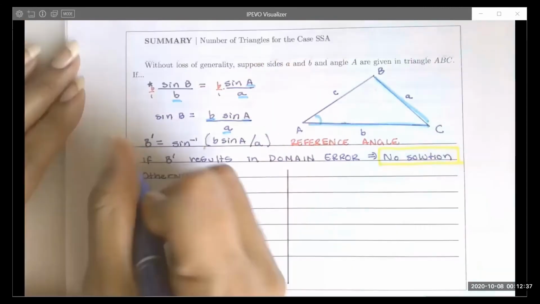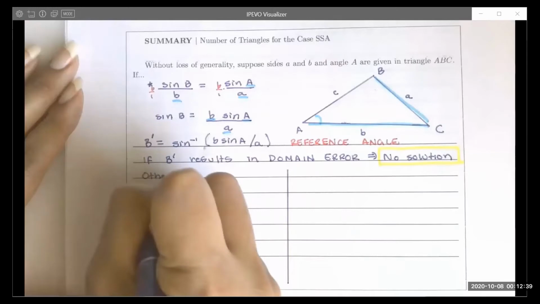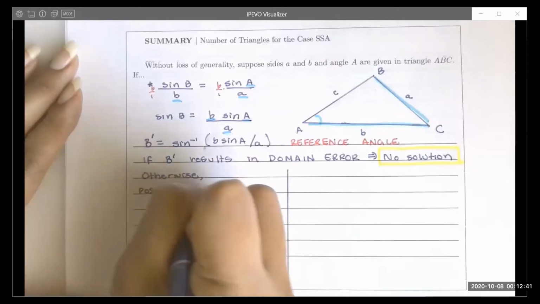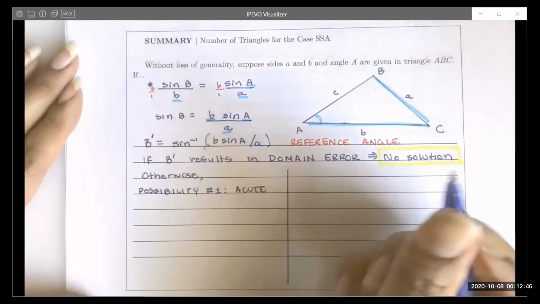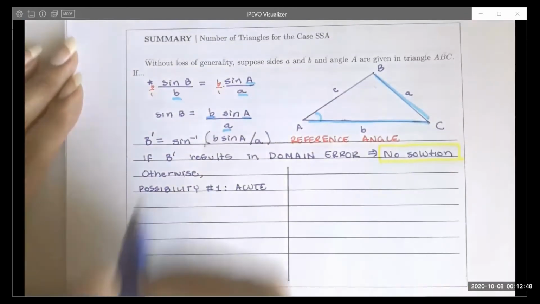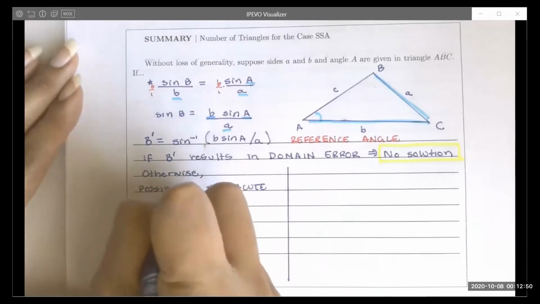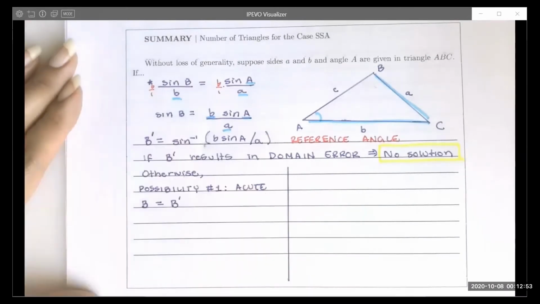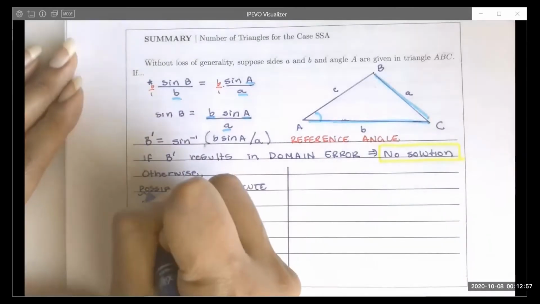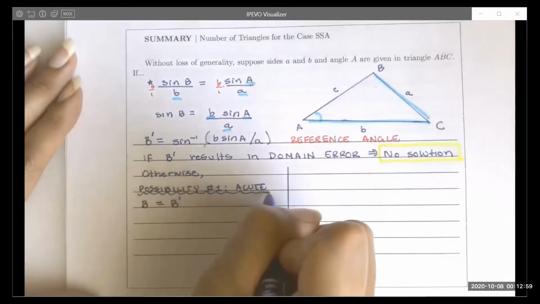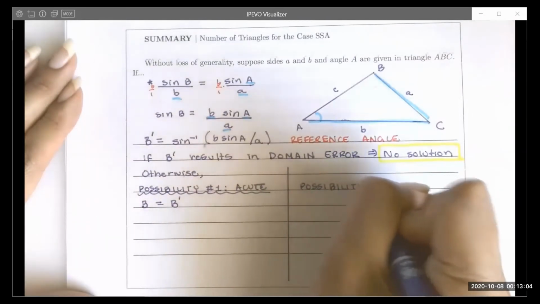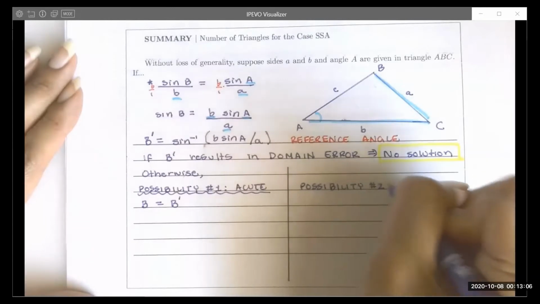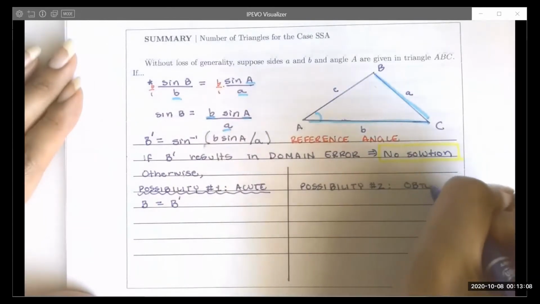And so possibility number 1 is the acute possibility. Under this possibility, B is B prime, simply the reference angle. Now the second possibility would be the obtuse possibility.